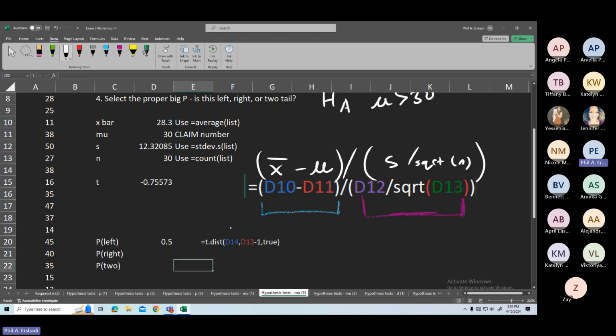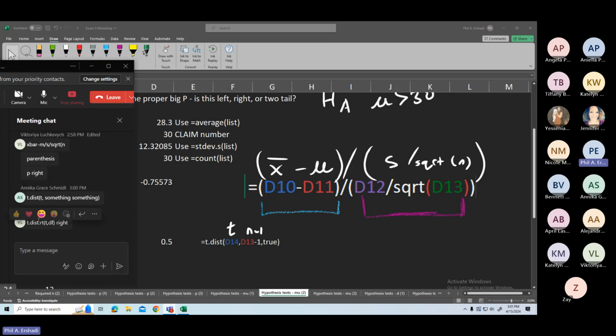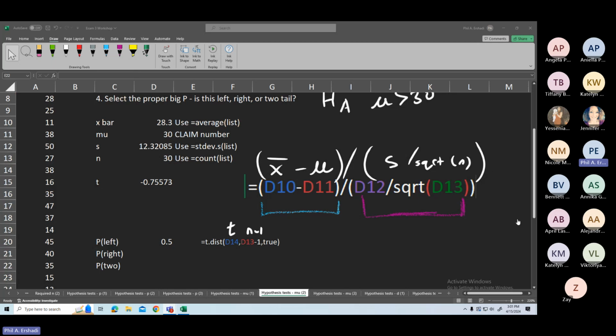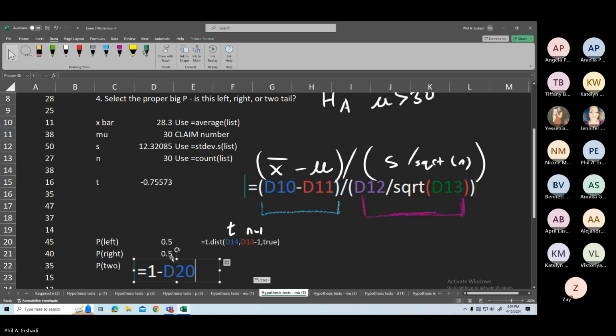So just for the notes, we'll have t in the first part, n minus 1 in the second part. Then for the right, now you can do T.DIST.RT. That would be okay. My preferred way of doing it would just be 1 minus whatever the left is. So if you need the right tail, go ahead and get the left, and then just take 1 minus that to get the right.